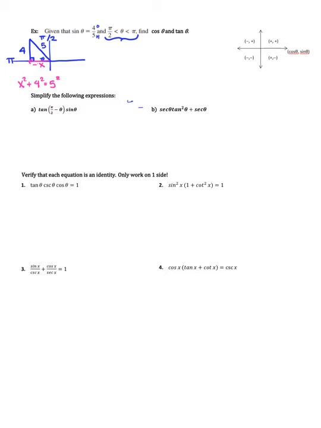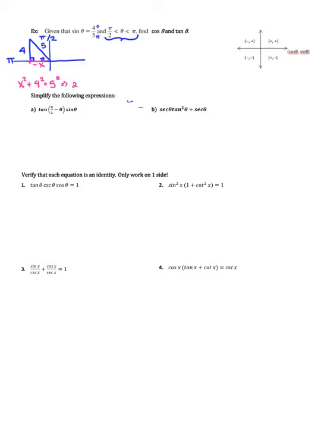We would do the Pythagorean theorem to figure out what this last side is. Now this is going to be a little tricky because, hopefully you already realize, I'm going to put an x here. But I want you to realize this will end up having to be a negative x because in this quadrant, you're coming back. But let's just first find x. x squared plus 4 squared equals 5 squared.